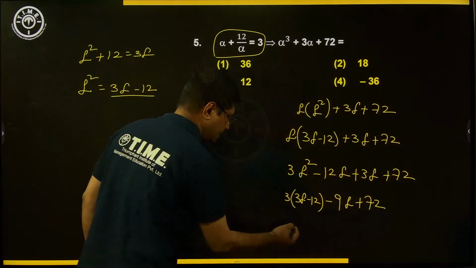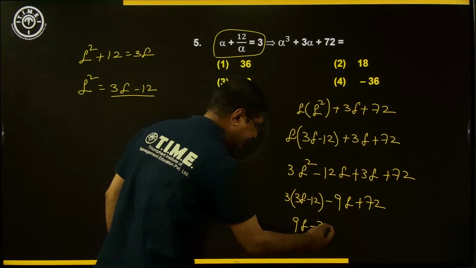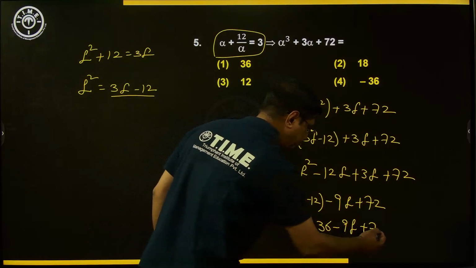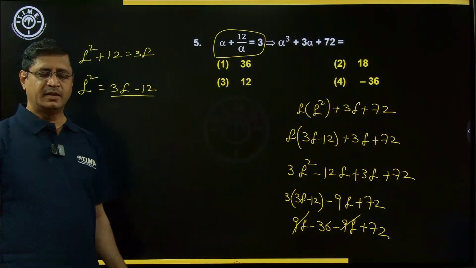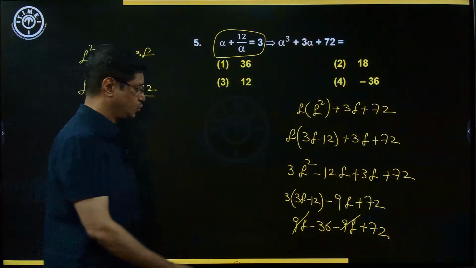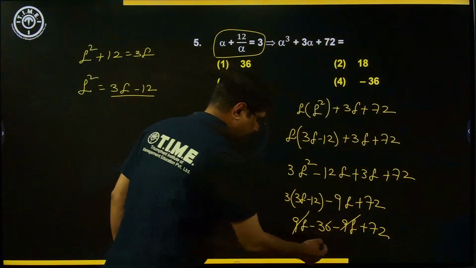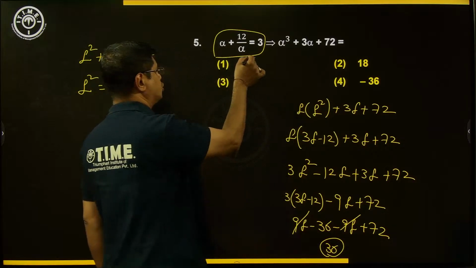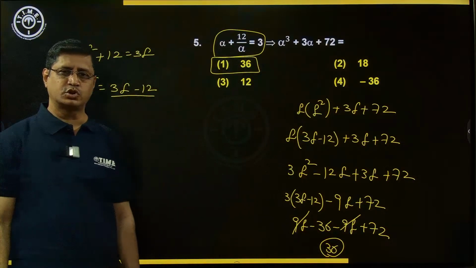Solving this, 3 times of 3 alpha, that is a 9 alpha minus 36 minus 9 alpha plus 72. Positive 9 alpha, negative 9 alpha gets cancelled. 72 minus 36, that is 36. The answer choice 1. First choice is the right answer for this question.